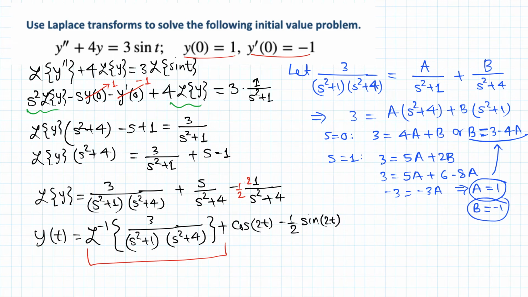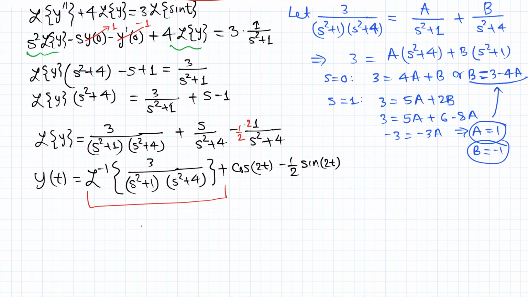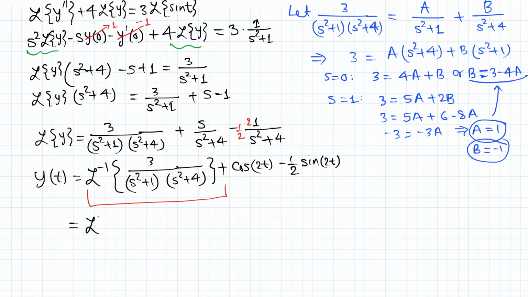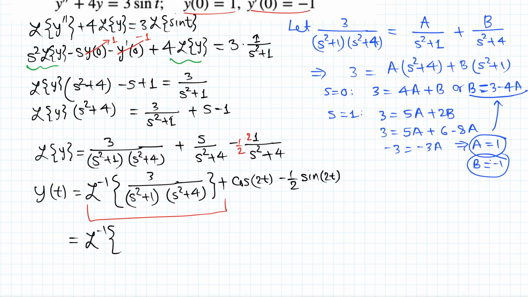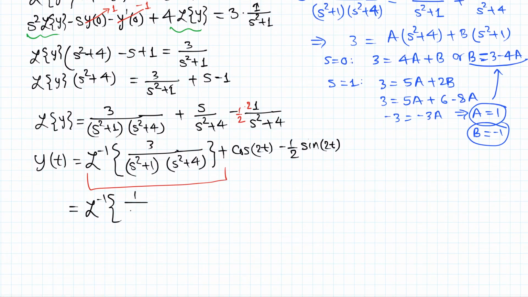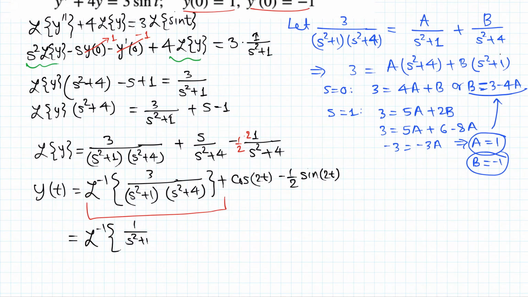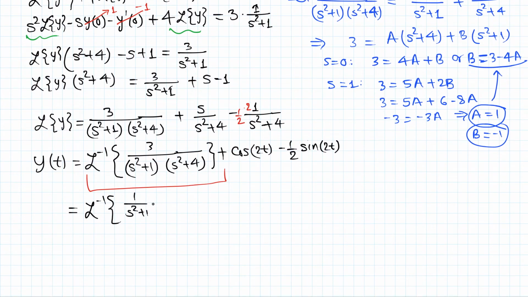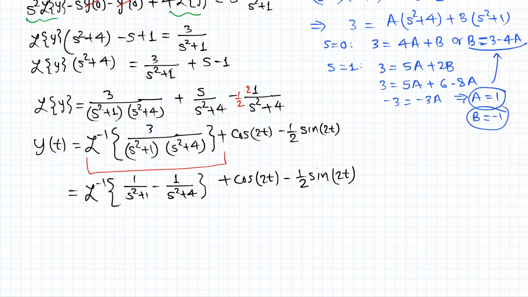Now we come back here. So the inverse Laplace of this complex fraction is a over that. A means 1 over s squared plus 1, plus b over, b is negative 1, so negative 1 over s squared plus 4. And these two terms are already done: cosine 2t minus 1/2 sine 2t. Now let's find inverse Laplace.